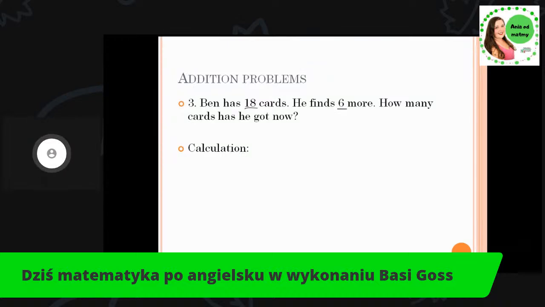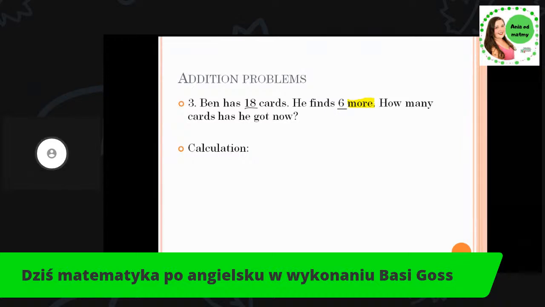Please write which word are we going to use to decide which operation we're going to use to solve this problem. Yes, very well. We're going to use the word more, because more means the numbers are going to get bigger, and that's what we use for addition.